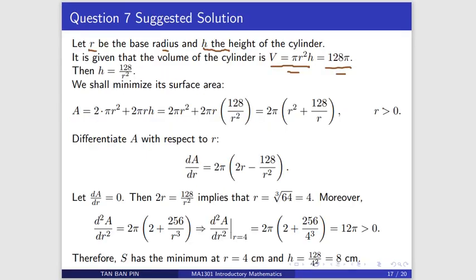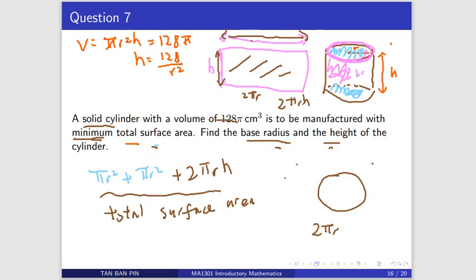You can cancel π and write h in terms of r, 128 over r². Surface area is 2πr² plus 2πrh: the top and bottom circles, and the curved surface, which opens up to a rectangle of height h and length 2πr.